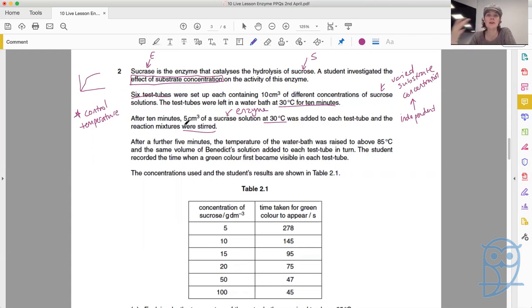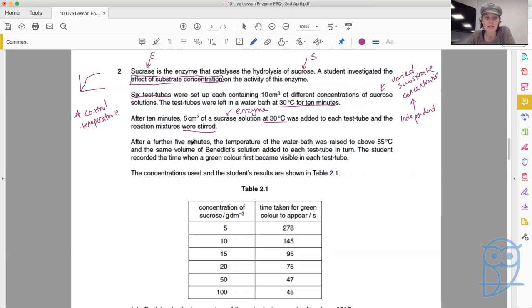So whenever you're testing one factor, every other factor that affects a reaction must be kept constant. Right, so we stirred without much detail of how we stirred, but perhaps with a glass rod. It's commonly done. So we now have reactions happening.